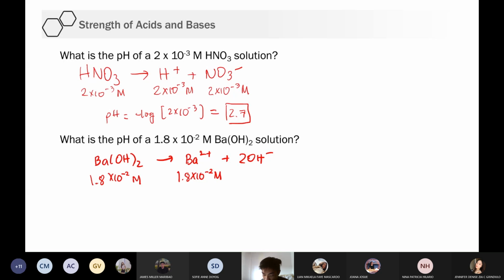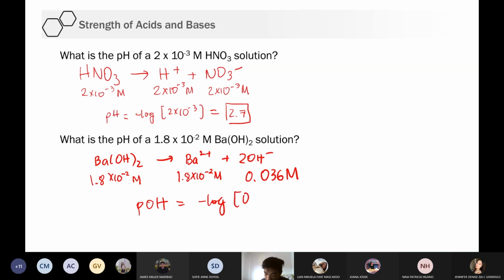Okay, so that means the concentration of OH minus in the solution is times 2. Teka lang, 1.8 times 10 to the negative 2 times 2. So that will be 0.036 molar. Magta-times 2 lang din yung concentration niya because of the coefficients. And since we know the concentration of OH, we can solve for the pOH first.